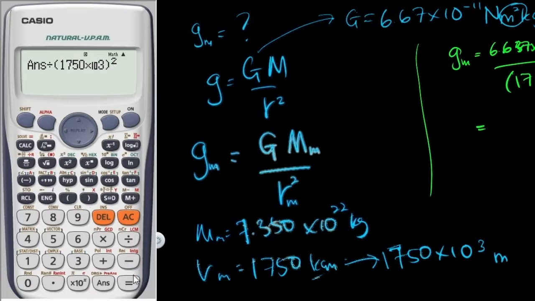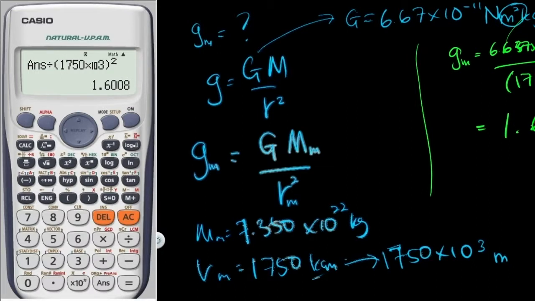And then I will get this number, which is approximately 1.6 meter per second square.